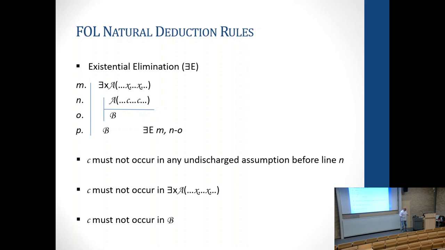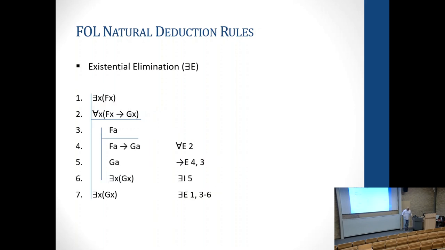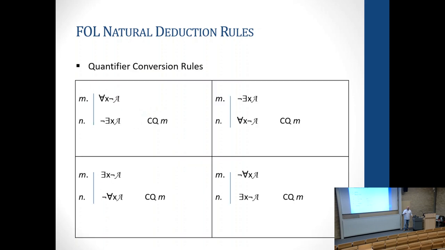So, the next collection of rules are actually really easy, so I'm going to give them to you all at once. These are the quantifier conversion, or CQ rules. These just tell us if you have a sentence with a quantifier next to a negation, whichever way it is, you can flip them to the other setup as long as you flip which quantifier you have.